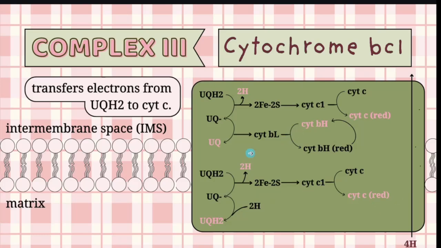The first round produces ubiquinone, and the second round produces dihydroubiquinone. It also oxidizes the reduced cytochrome BH to form the original one.